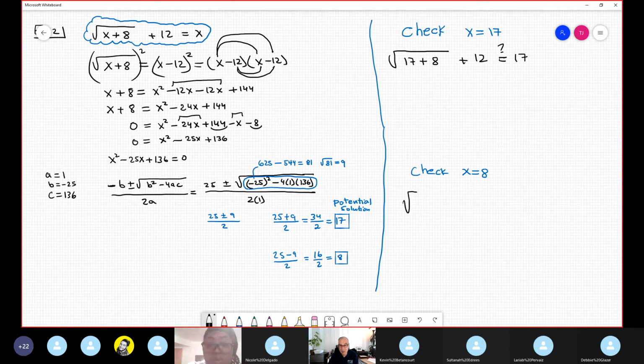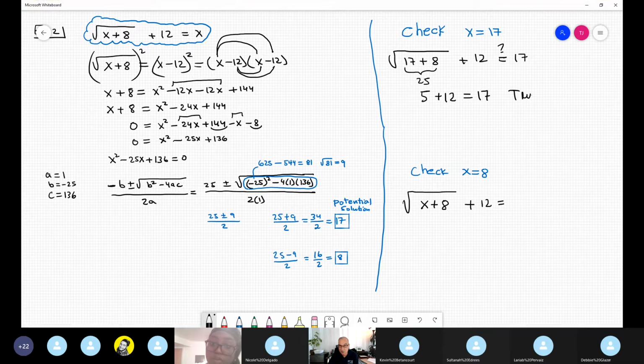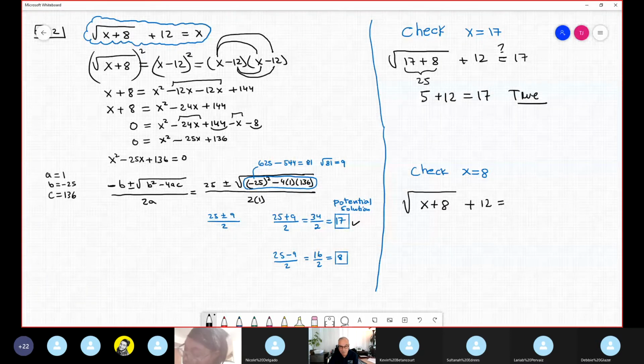Combine 17 and 8, it gives you 25, and the square root of 25 is 5, plus 12 equals 17. The first solution is true. Excellent. Super. Bang. I like that.